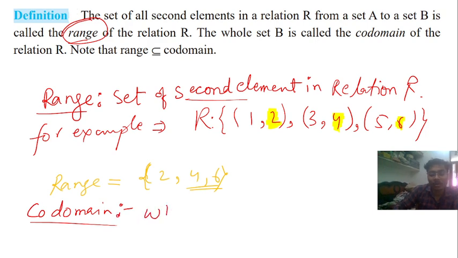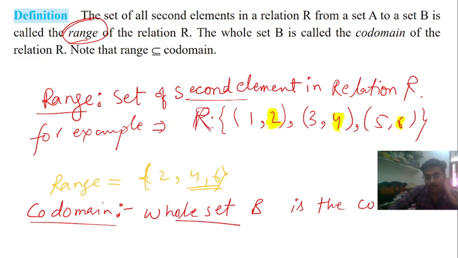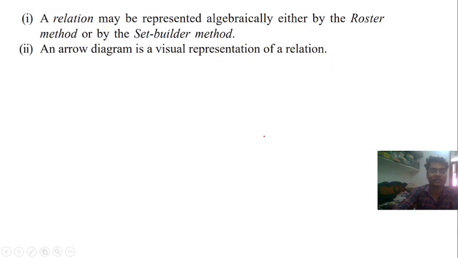So codomain is the whole set B. Whole set B means this relation R is defined from the Cartesian product A cross B. So if you have to write the codomain, you write all the elements of set B, not just from the relation part.